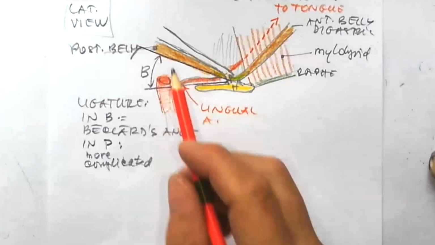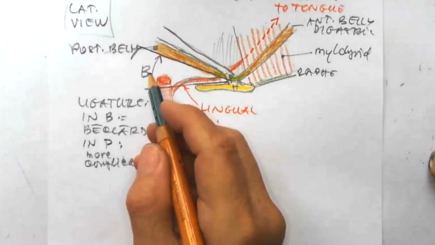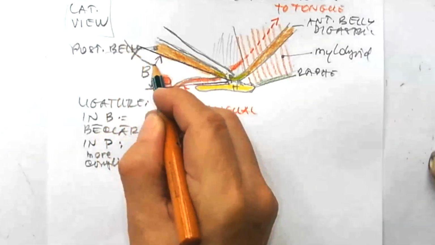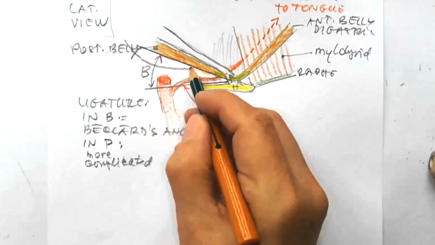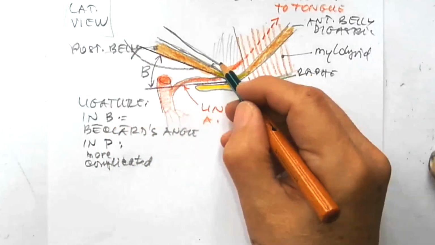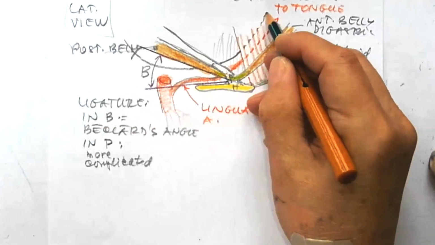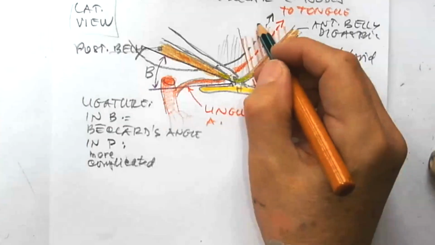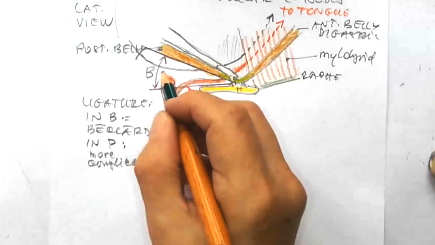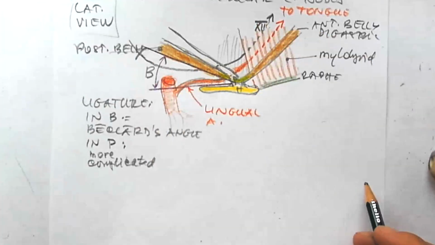This is because we have to add another structure. First of all, drawing here the nerve number 12, it passes, forming an arch through the space, passing up and then running to the base of the tongue. So this is nerve number 12.